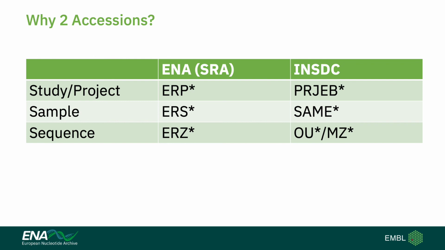The real difference here is that there's internal accessions for objects within ENA, or SRA in the case of the NCBI side, and then there's ones that are shared across all of INSDC. That will include ENA, NCBI and DDBJ. So if you're really trying to link your data across three platforms, using the right-hand column accessions is the way to go.